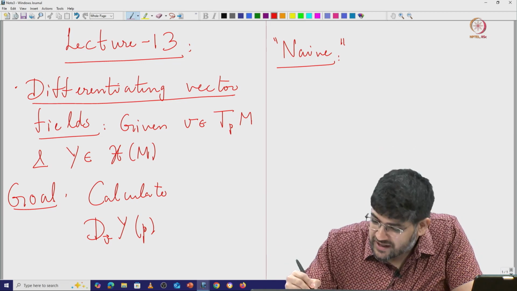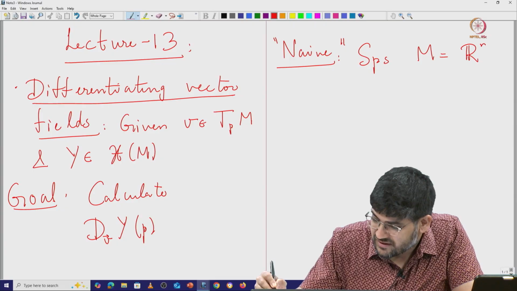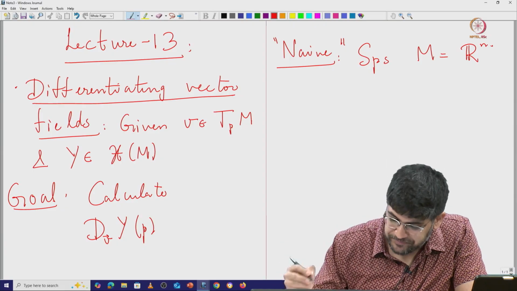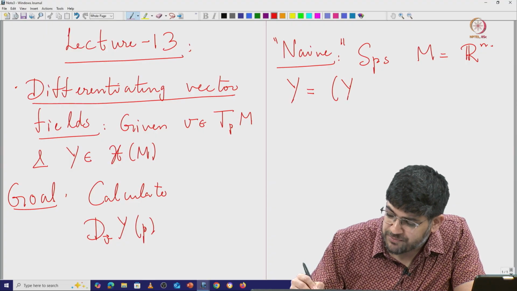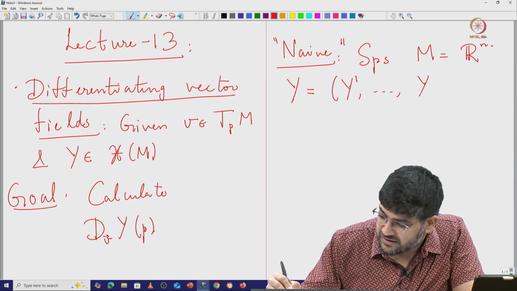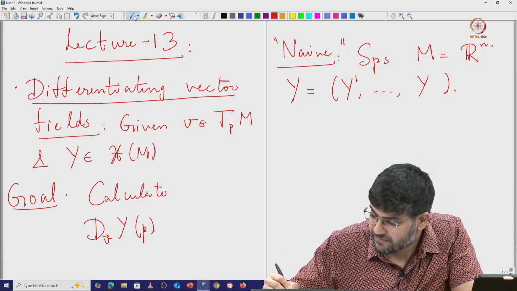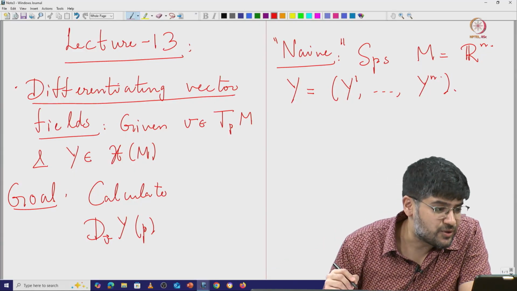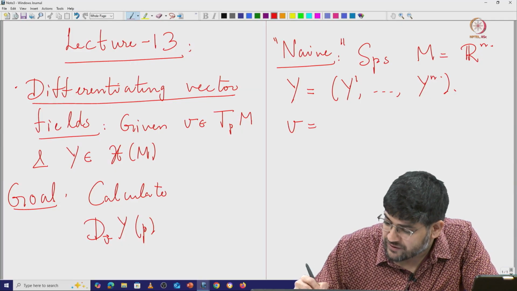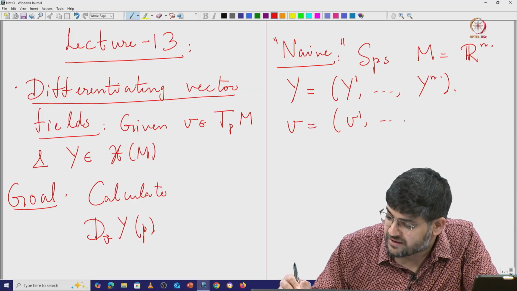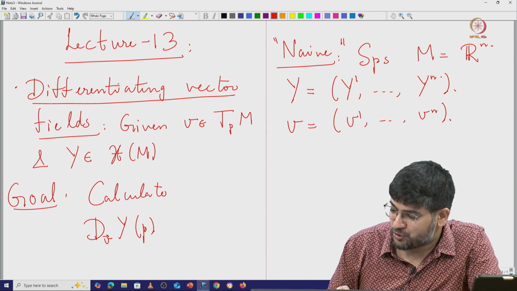So let's imagine we are in R^n. So suppose M is R^n, and let's say the vector field Y is given in components by Y1 up to Yn, right. Then suppose v is also given in components by v1 up to vn.